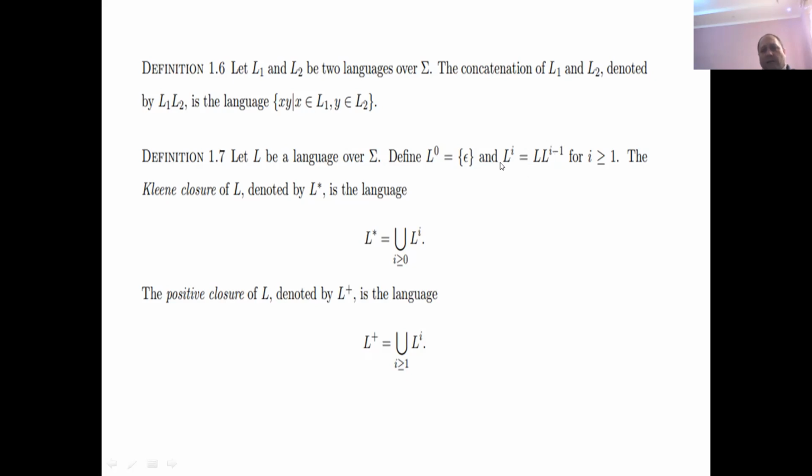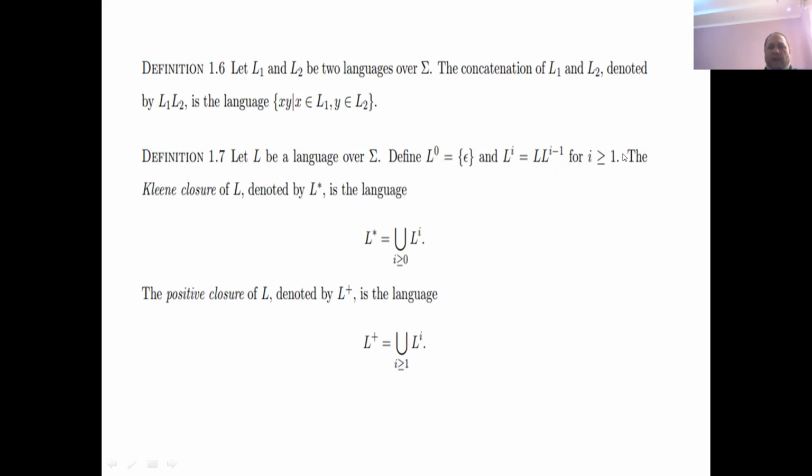What does it mean? L to the degree i means the concatenation of L and L to the degree i minus 1. We here create a recurrent formula.